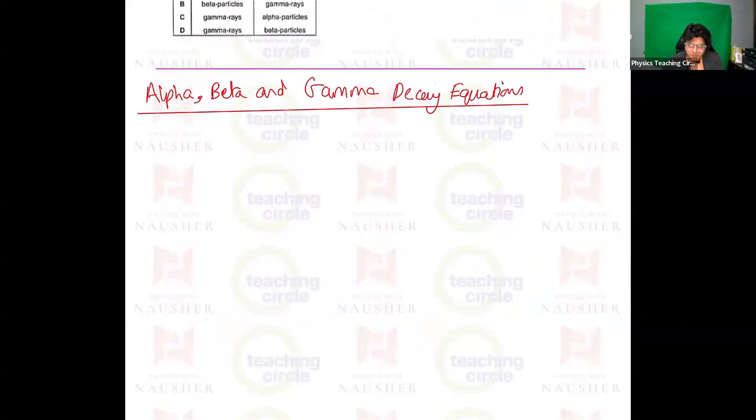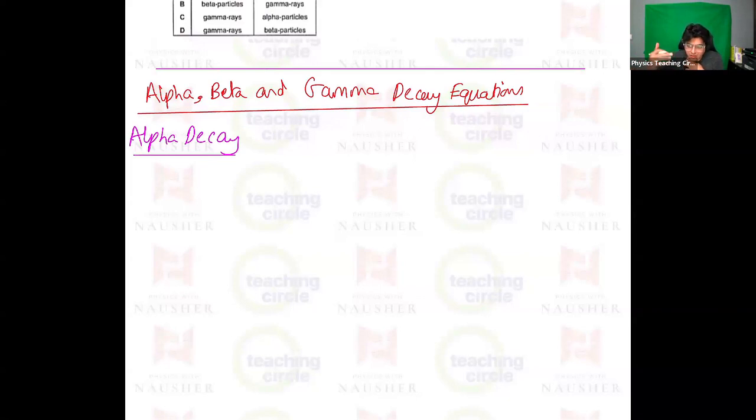Let's go. First write alpha decay. Ready, guys? Alpha decay. In alpha decay, tell me which particle is a product. There are many products, but one particle has to be a product.